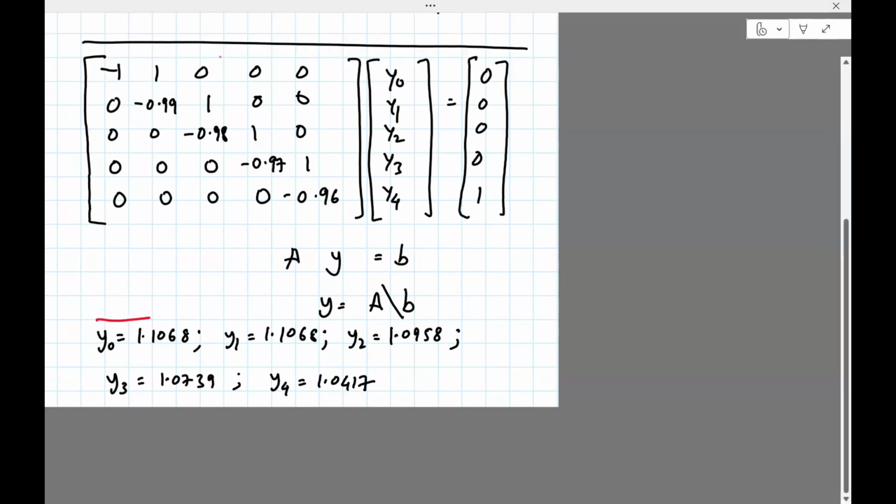Okay, so you got all these answers, but the answer we were after was y0. So that's that. So this is what you'll get. You'll get the solution not only at time t equals 0 or x equals 0, x0, but also the values at the other time steps.